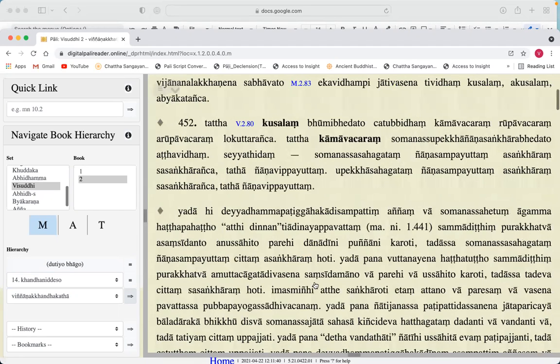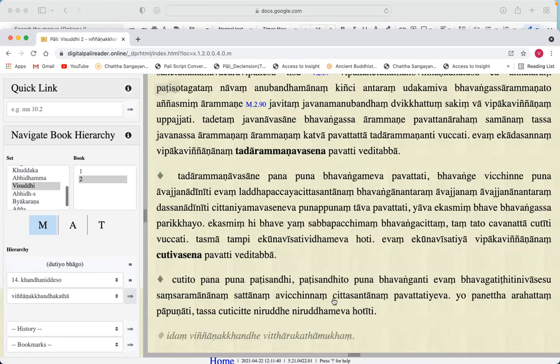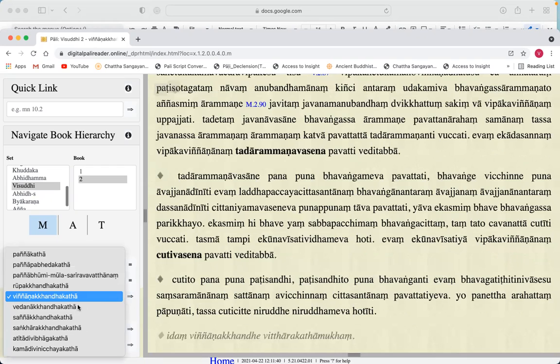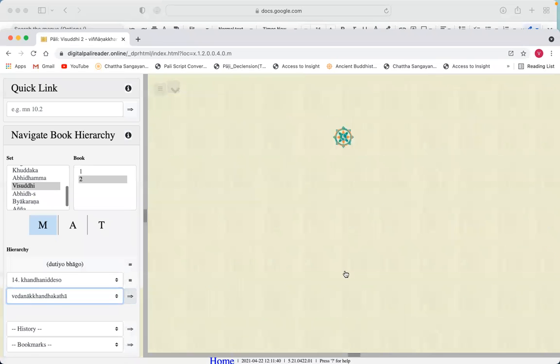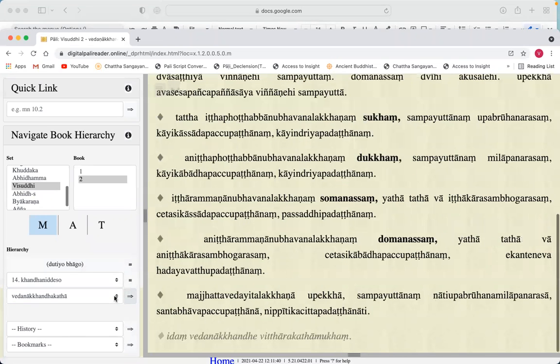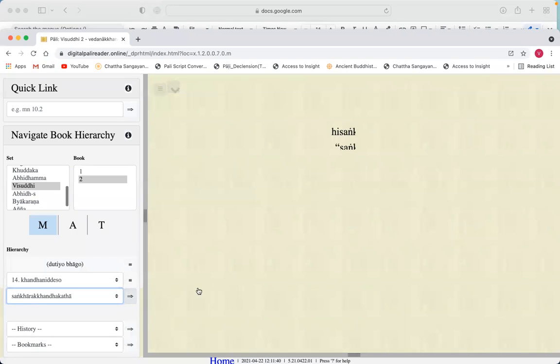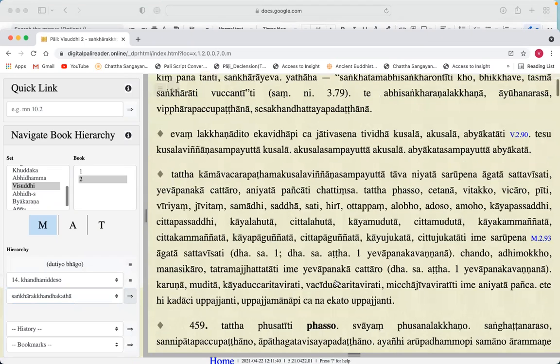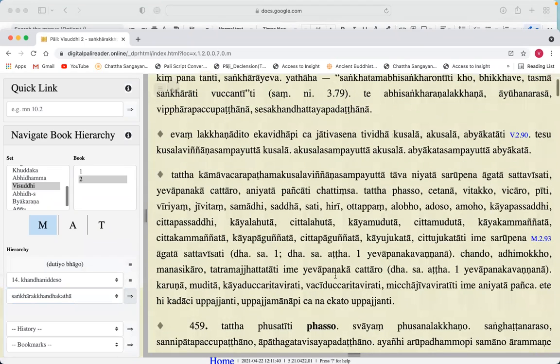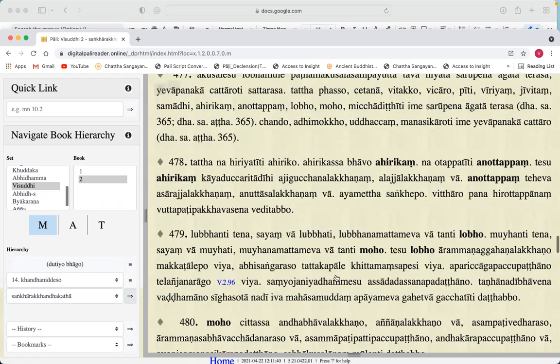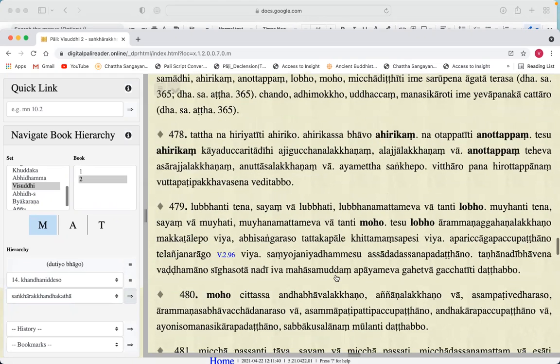Here 96, or just 90 here. 91. Vedana khanda, sanya khanda, sankhara khanda, 93, moho, or 99.